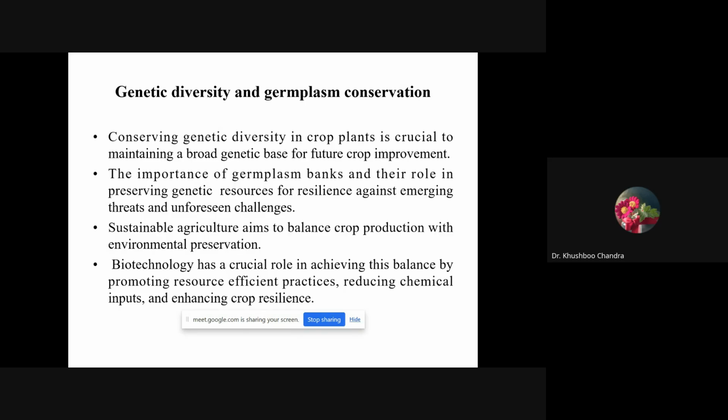Germplasm conservation ensures the availability of diverse genes which may be required to tackle future challenges, such as the urgent emergence of new pests and diseases, or climatic vagaries and extremes: too hot, too cold, flash floods, intermittent rainfall.